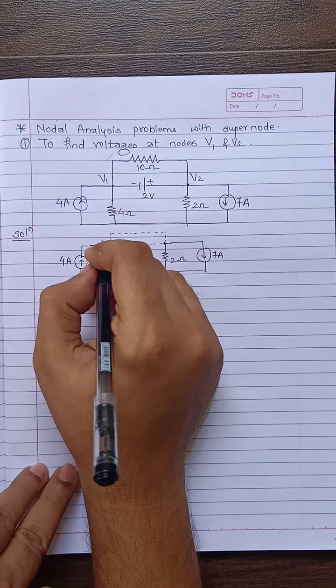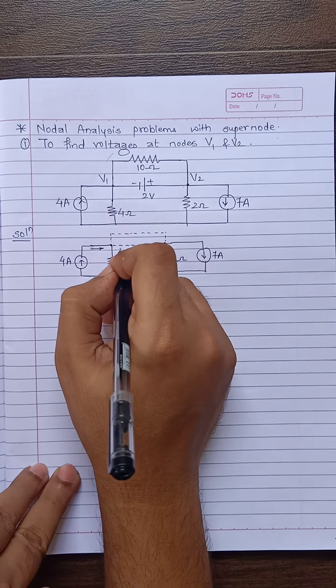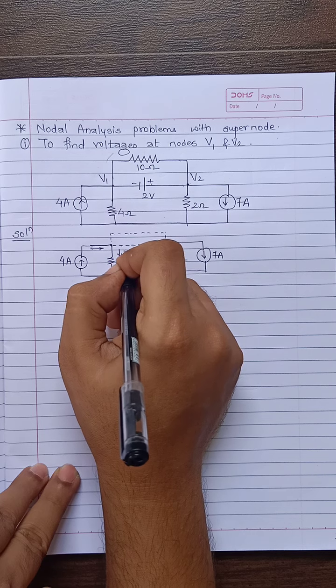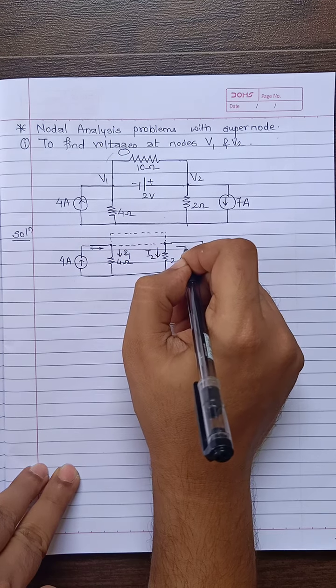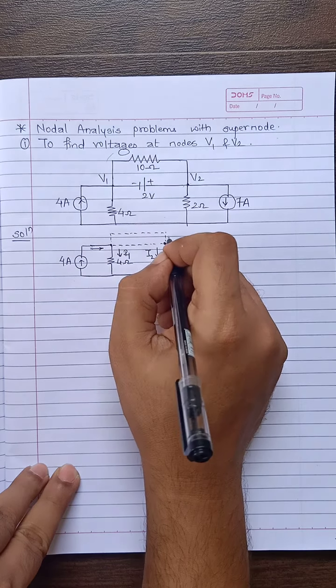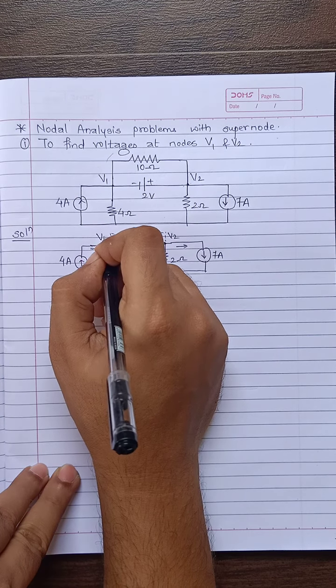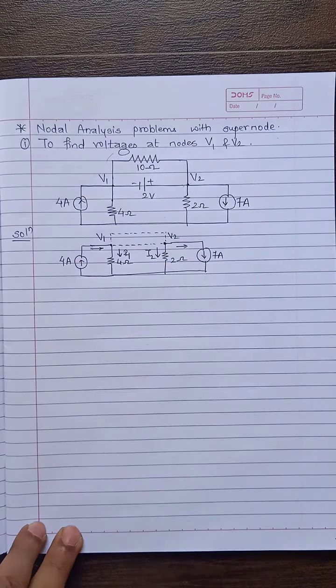Now the direction of currents assumed are 4 amperes coming in. I am assuming I1 here, I2 here, and this is 7 amperes. This is V2 and V1. Now I'll apply KCL to the supernode.